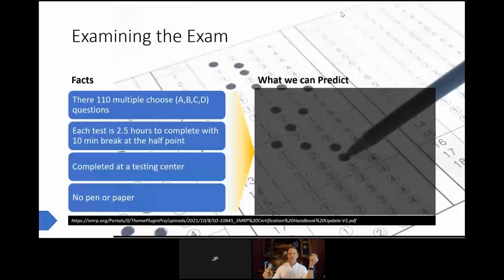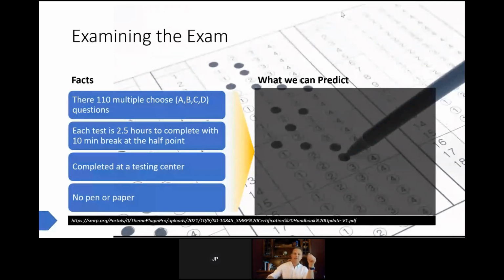Okay, so we're writing these things down because that's what we can expect to have. They must be completed at a testing center. So they're not at home. They're not at your place of work. They're designated testing centers, so you'll be in front of a computer in your room, among other folks taking other exams. Also, there's no pen and paper allowed. So that's also a note to take away.